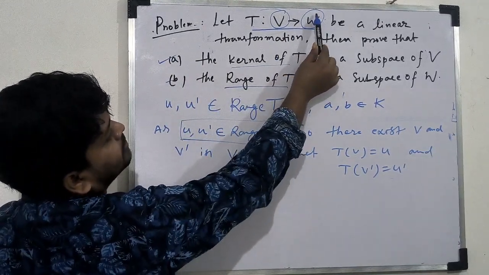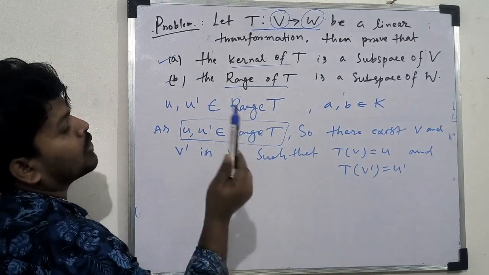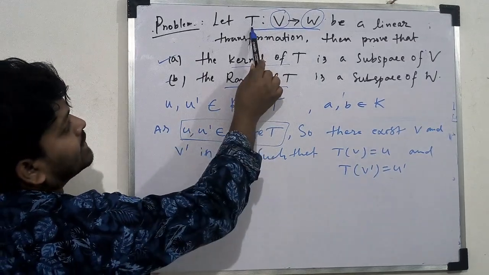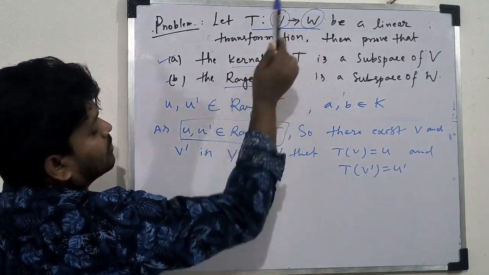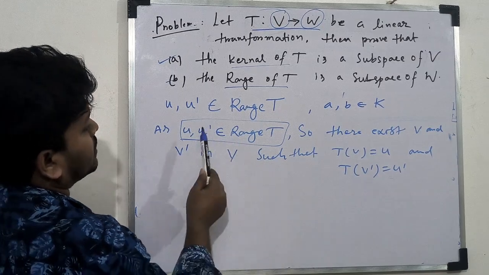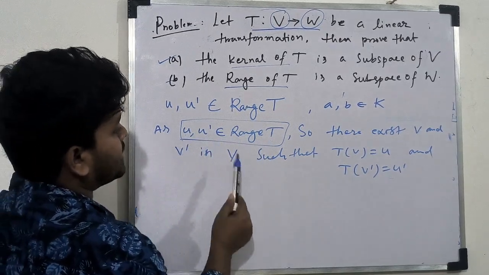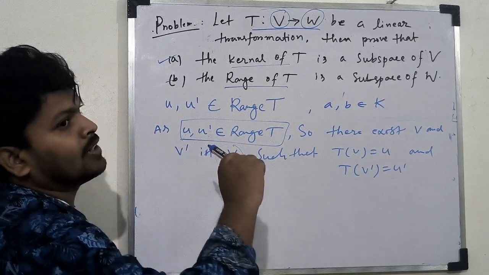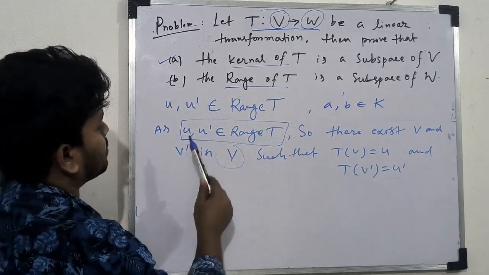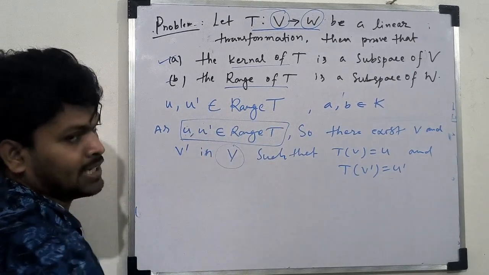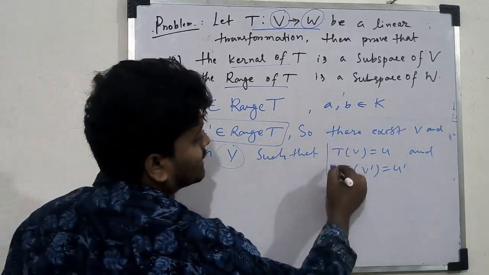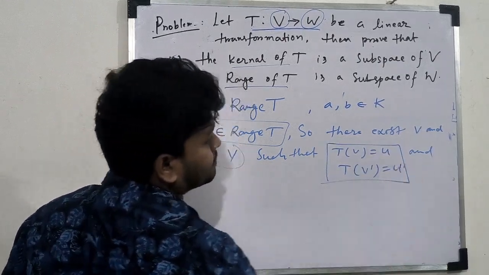Okay? So we take u, u dash from range T. So range T is a subset of W. So all T v belongs to W. So therefore, if we take u, u dash from range T, then there exist v and v dash in V such that T will assign v and v dash to u and u dash in W. So therefore, we can write this. Okay?